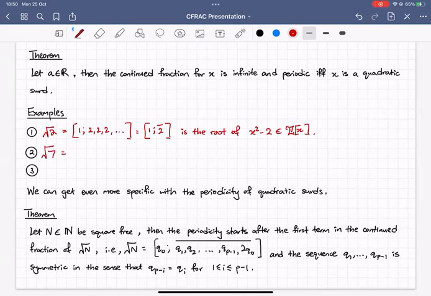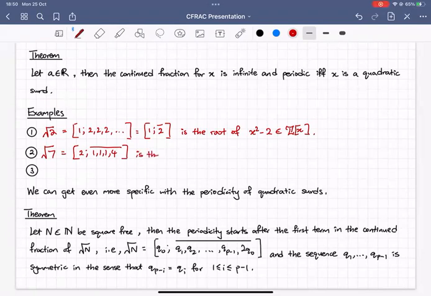And root 7, what is it? If memory serves me right, there are 3 1s and then the 4. So it basically goes 2, 1, 1, 1, 4, 1, 1, 1, 4, and forever.